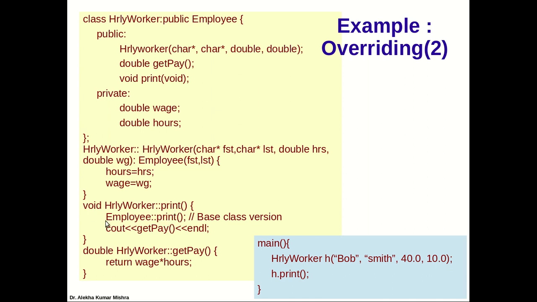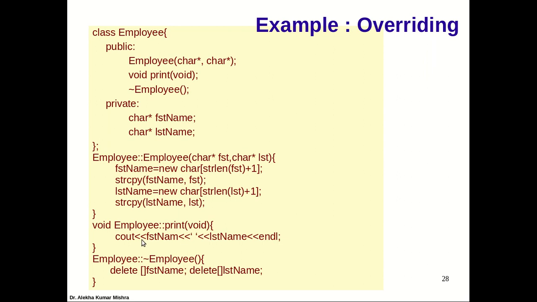So employee, scope resolution operator, print indicates that we are calling the base class version of the print. This print is not the call to the overridden function. It indicates clearly that this print refers to the print of the base class employee. So it is going to call this function and print the first name and last name.